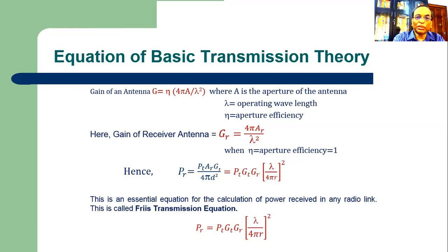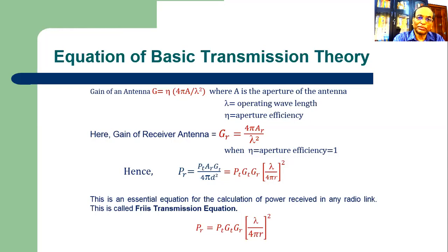Here, the gain of the receiving antenna GR, substituting eta equal to 1, is 4 pi AR divided by lambda square. Eta is substituted by 1.